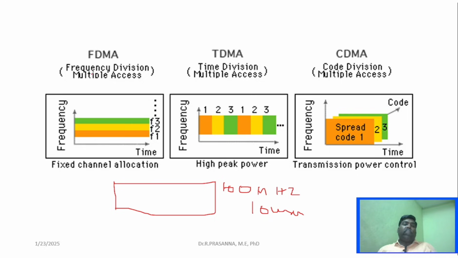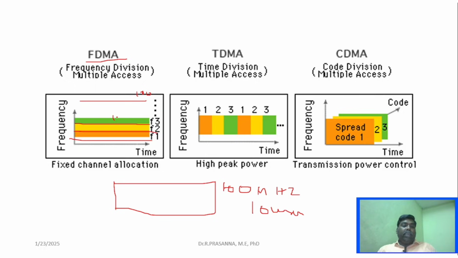From the name itself, you can understand FDMA is frequency division multiple access. If there are 10 users and we have 100 megahertz, then this 100 megahertz is split into 10 frequency slots. That is why it is called frequency division multiple access. The complete bandwidth is divided into different frequency slots.